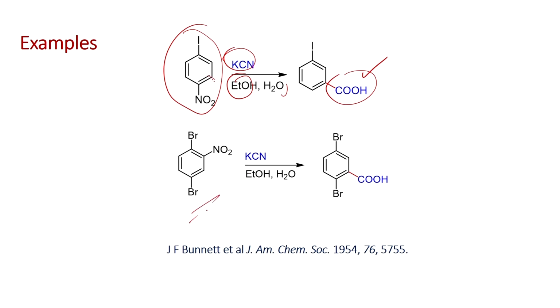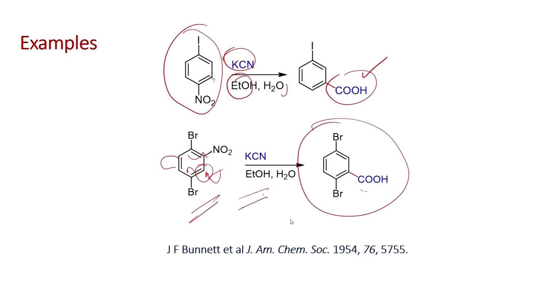Similarly, here is the reaction of this nitro derivative, where you have the bromo substituent at the ortho as well as meta position. When you carry out the reaction, it can take place at this carbon atom. So the potassium cyanide can undergo addition here, and you will be able to get the carboxylic acid derivative.